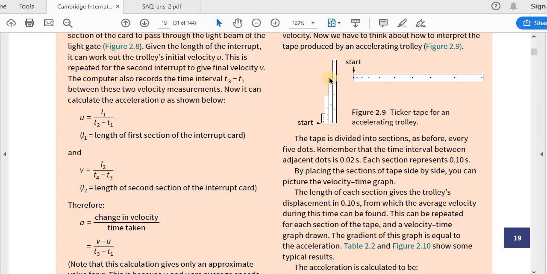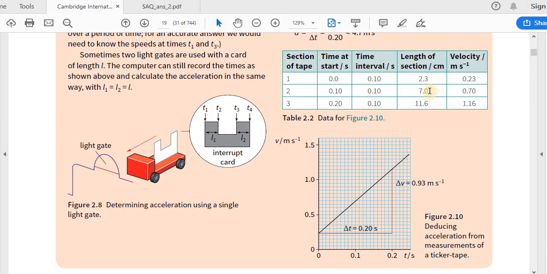You see the displacement is increasing for a certain time interval. Then what we can do is use your calculator, divide 2.3 by 0.1, you will get 0.23.